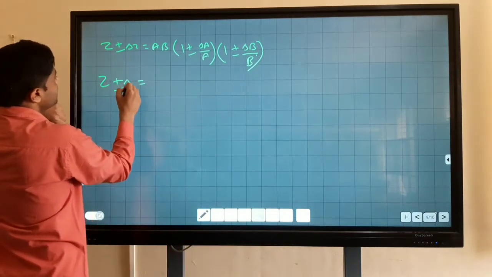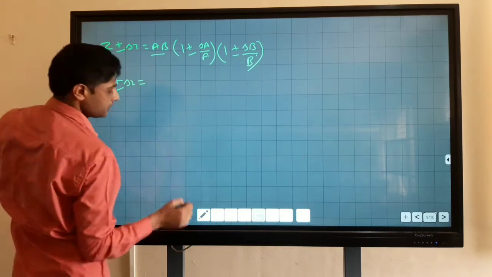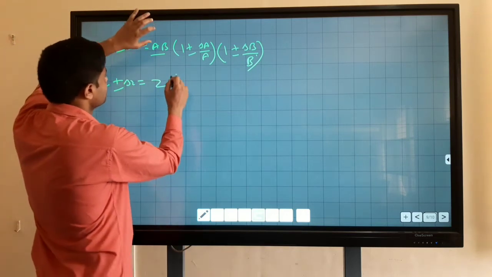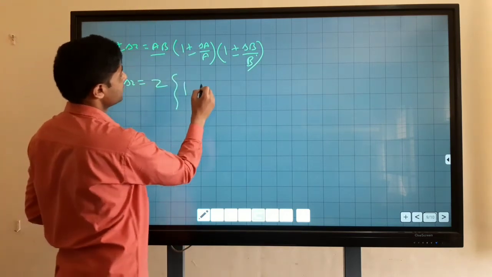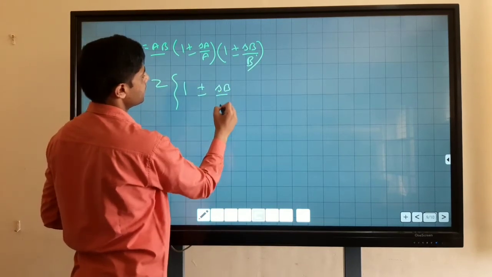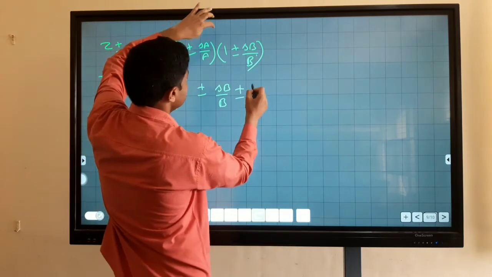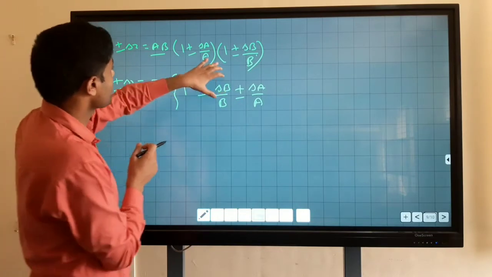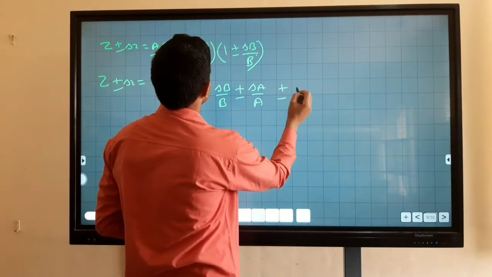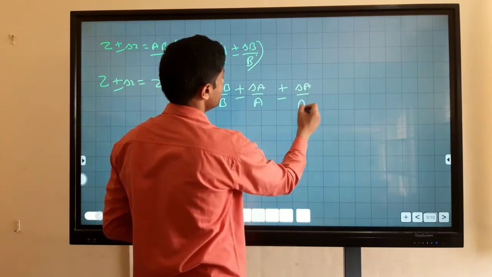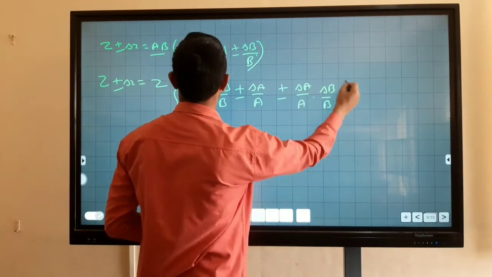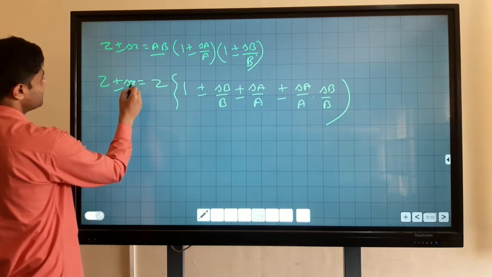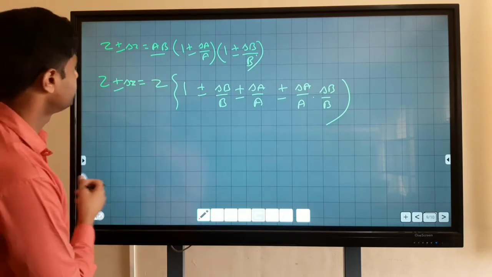So Z plus del Z, with AB equal to Z, is Z times 1 plus minus del B upon B plus minus del A upon A, plus minus del A upon A into del B upon B. Okay.